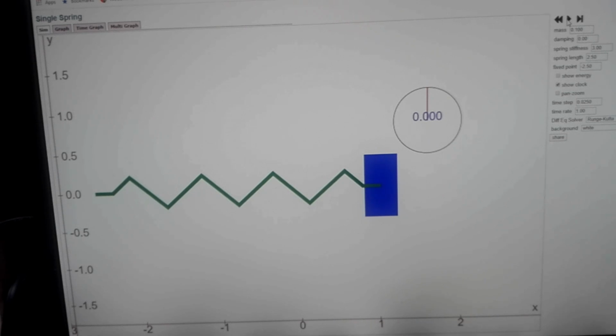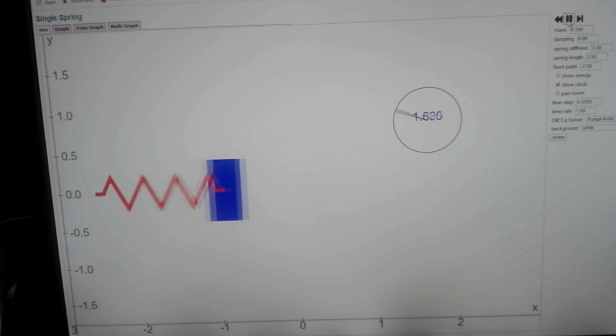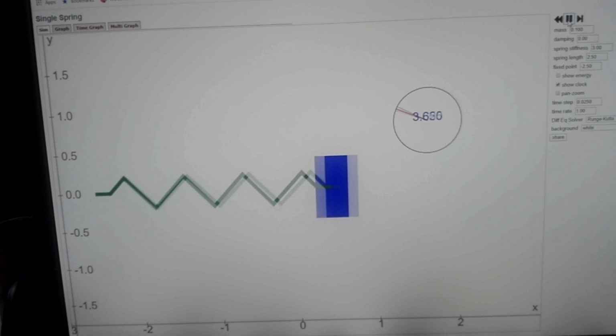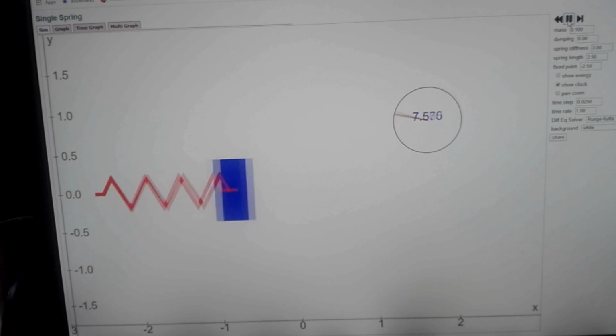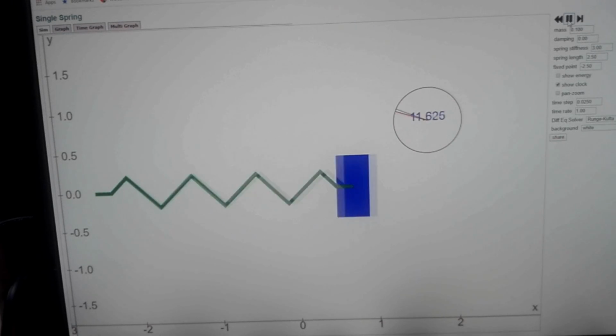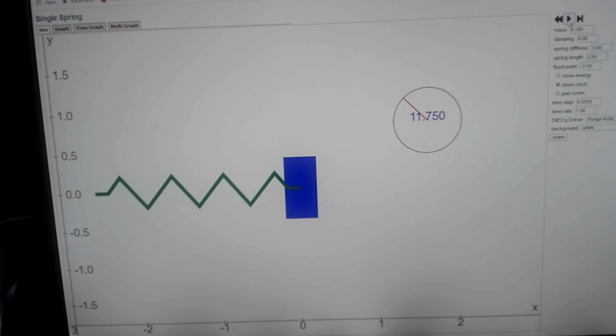So now I will start this animation and I will count up to 10 and we will check what is the time here. 1, 2, 3, 4, 5, 6, 7, 8, 9, 10. Sorry, it's back. Oh, it should be here, not here.